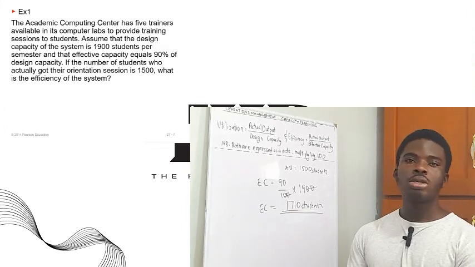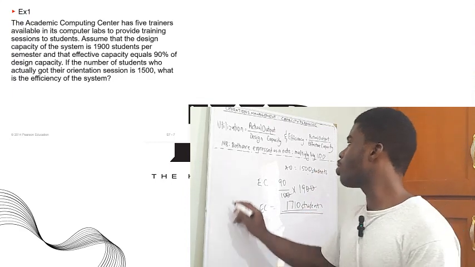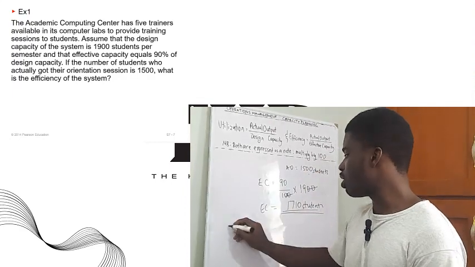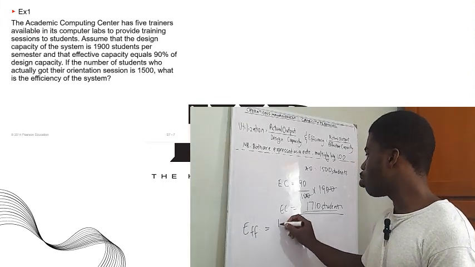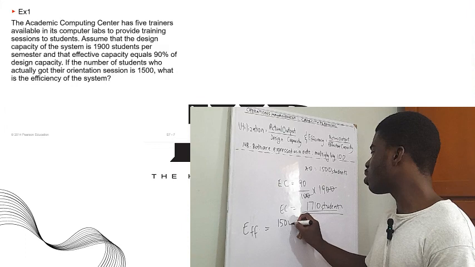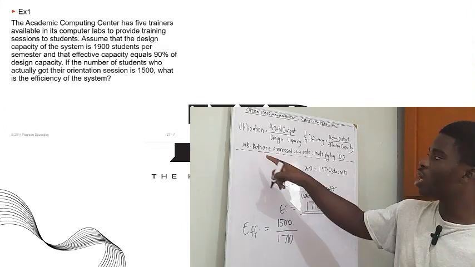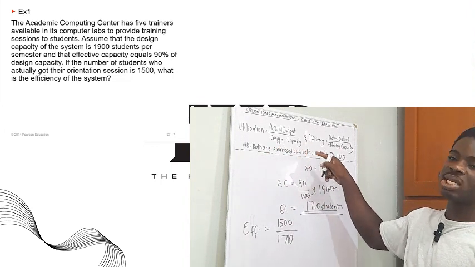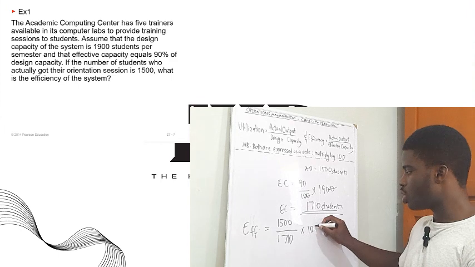Having our actual output and our effective capacity, we apply the efficiency formula. We get 1500 all over 1,710. Now check that out. Both are expressed as a rate, so we multiply by 100 and answer in percentage.